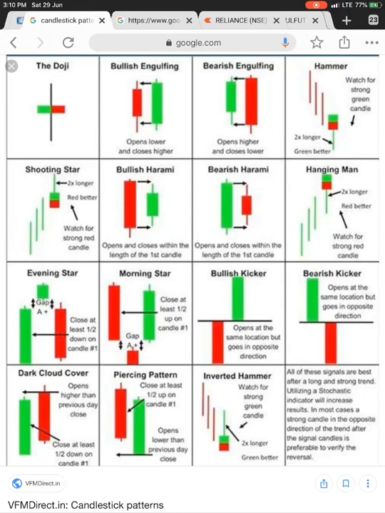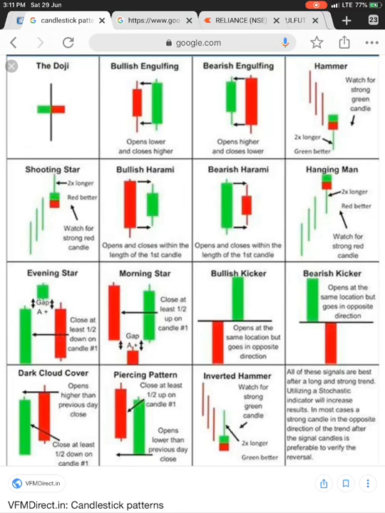Then evening star. What is this evening star? Evening star is a pattern of candlesticks in which there are 3 candles. The first candle and the second candle are of almost the same size, and they open and close almost the same most of the time.